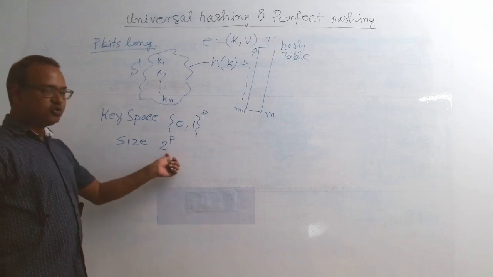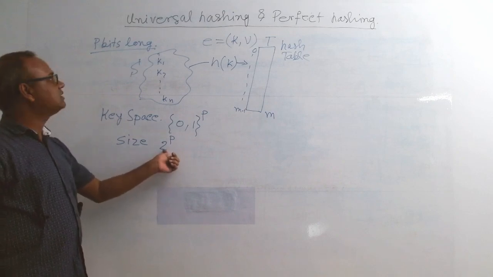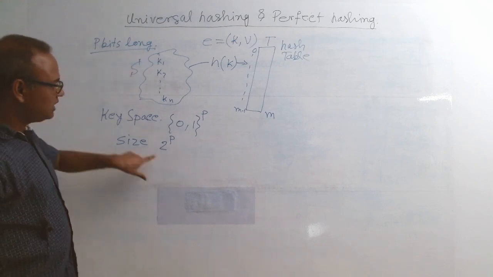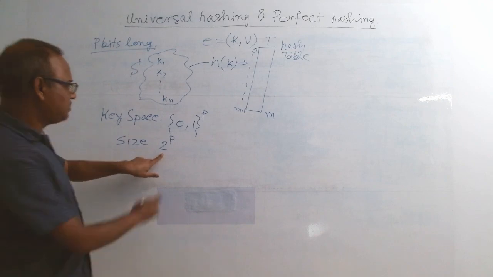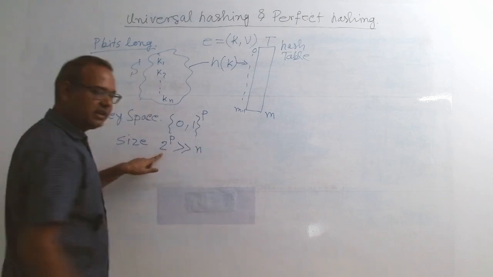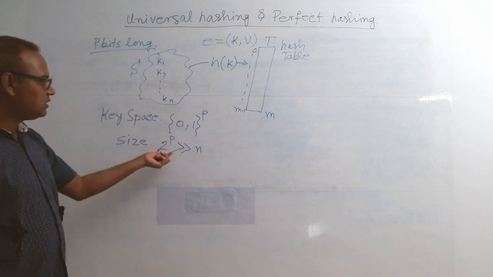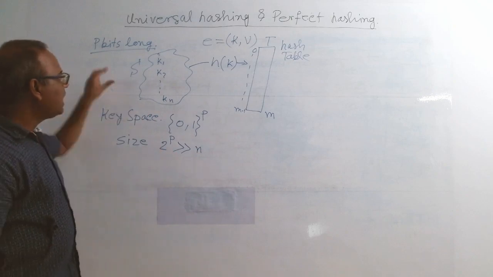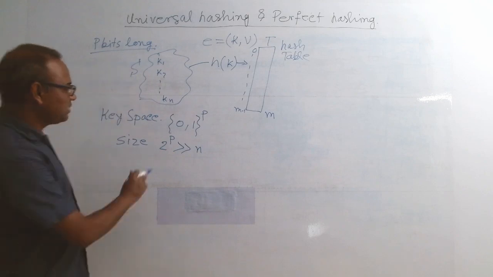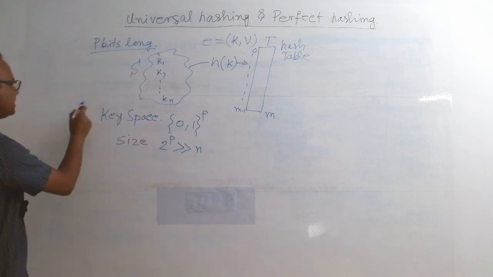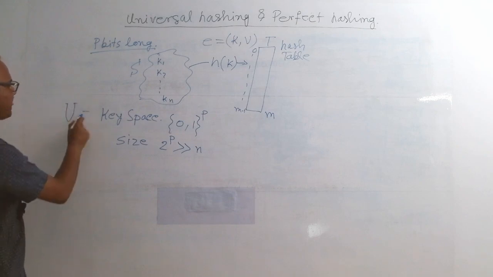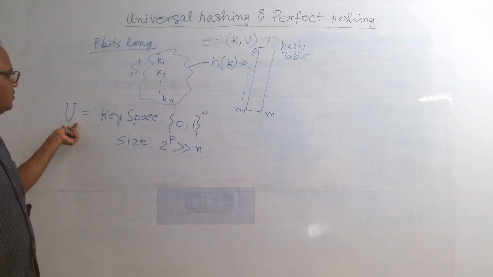There will be 2 to the power p such keys. Now the set does not contain all the 2 to the power p keys; 2 to the power p is very much larger than n. This is all possible keys, and among that key space we take some smaller subset. Let's say this is our universe U, the universe of key space.